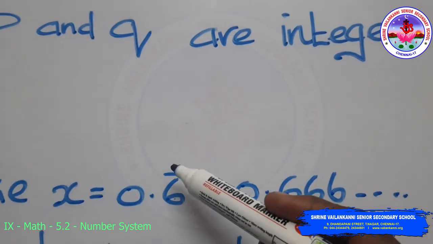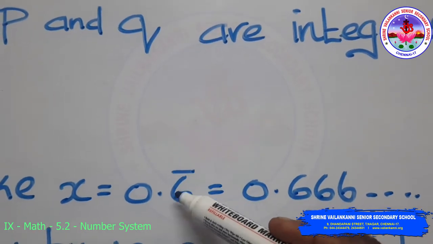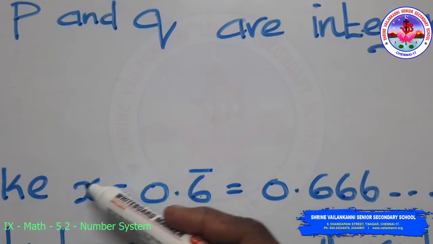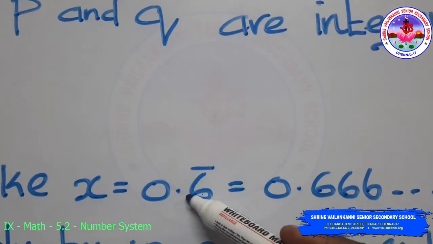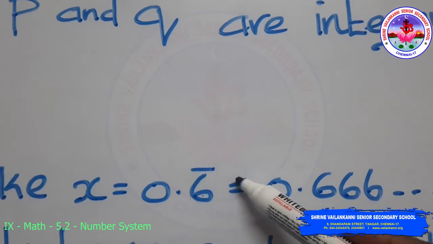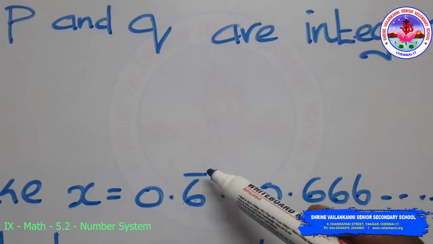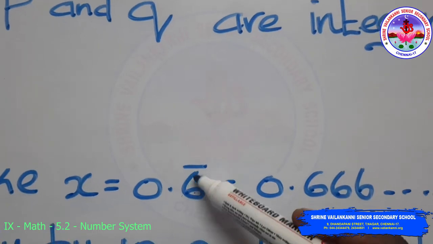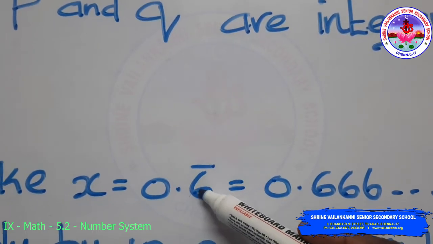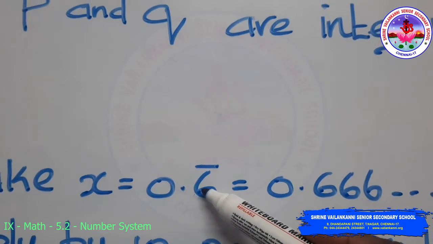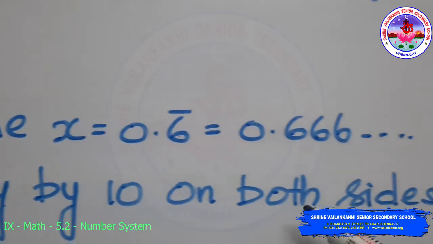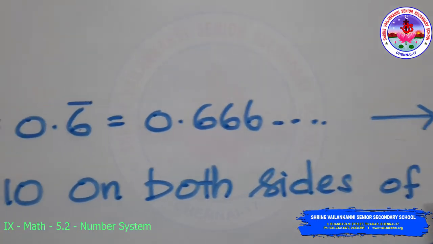Since the bar is placed above one digit, I am going to multiply equation 1 with 10. If the bar is placed above 2 digits, we have to multiply with 100. Since the bar is placed above 1 digit, right after the decimal point, I am going to multiply this with 10 on both sides of the equation.